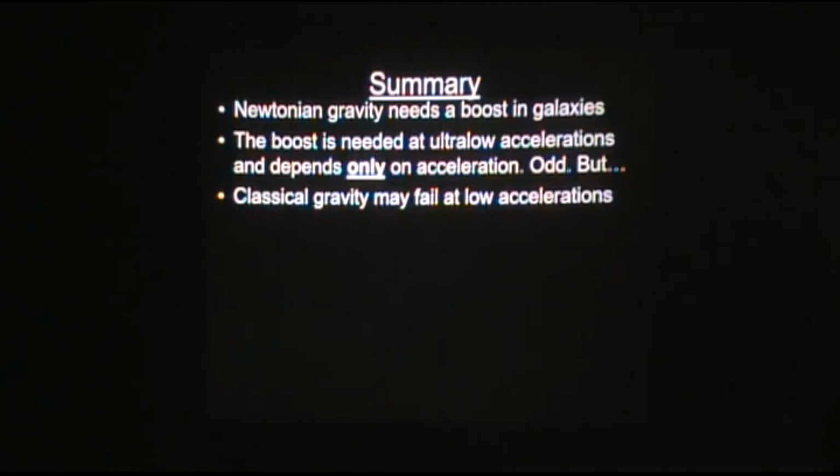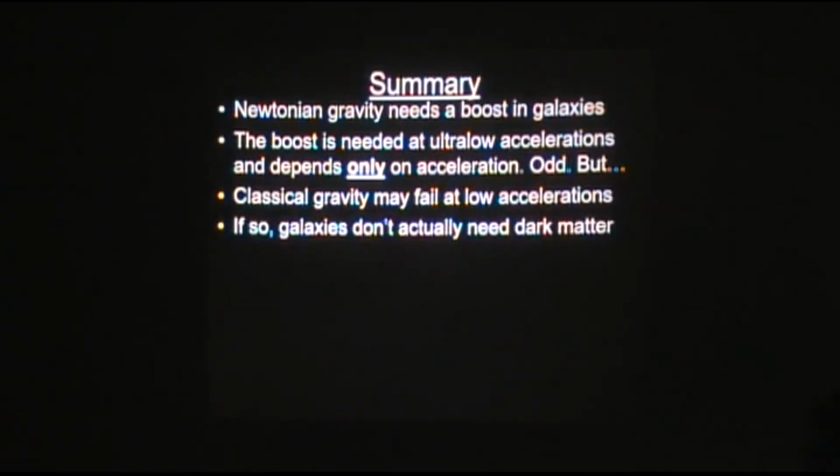The other thing you have to realize is that Newtonian gravity is a classical gravity theory, which may just not be right at low accelerations. So if you accept that, then you could construct a sensible model where galaxies don't have dark matter in them.